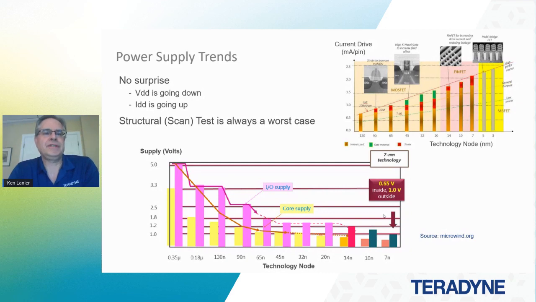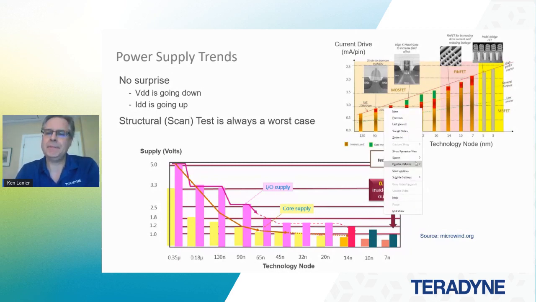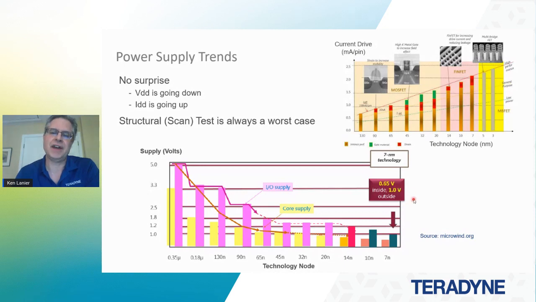Power supplies for these devices are getting larger. The VDD is going down, as you can see in this bottom plot that shows over time what has happened with both VDD voltages around 0.6 volts and external IO voltages, which are slightly higher.